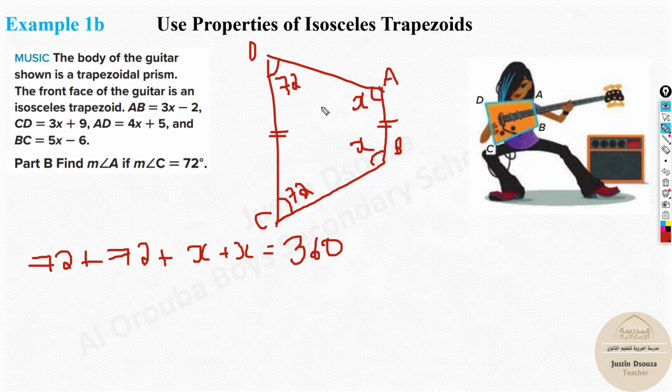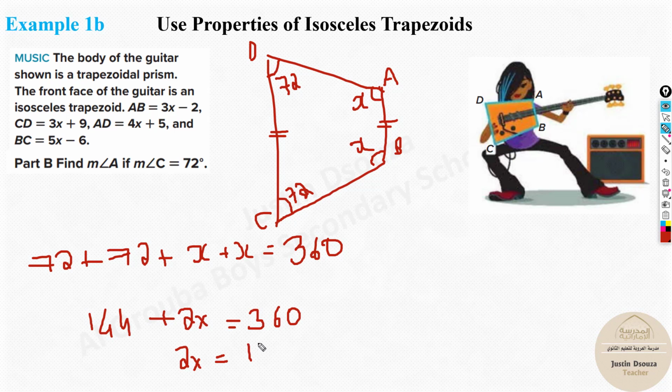One triangle is 180 degrees, two triangles is 360 degrees. Now 72 plus 72 is 144, plus 2x equals 360. Take this to the other side, it will be 2x equals 360 minus 144.